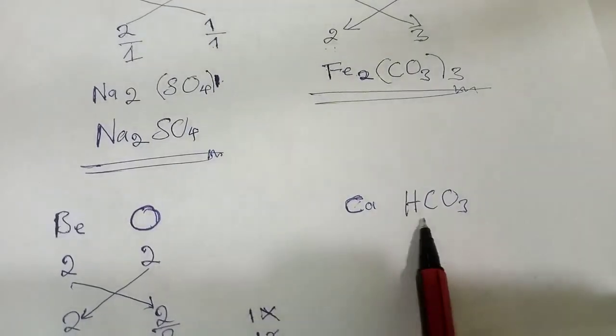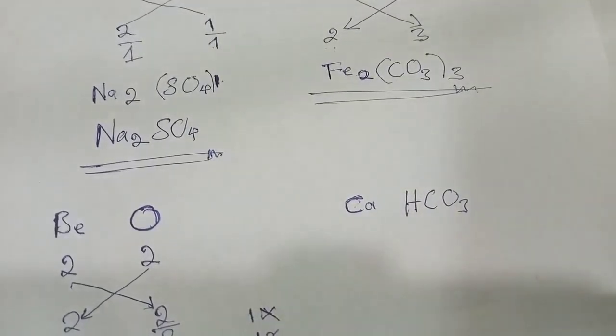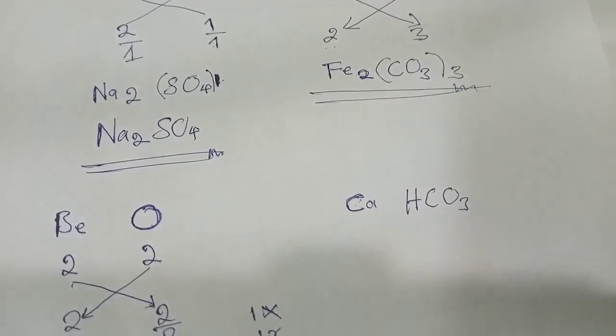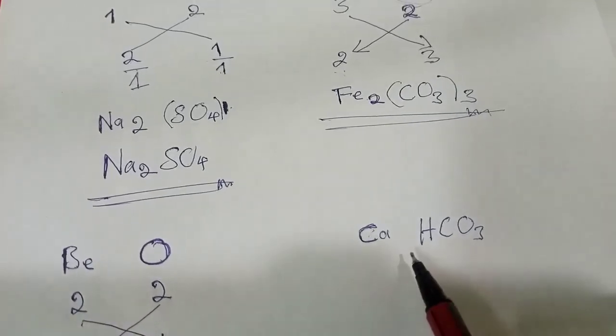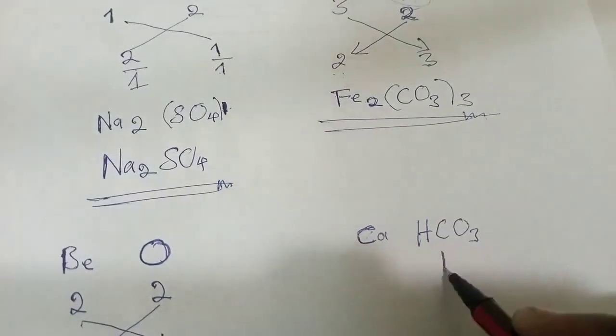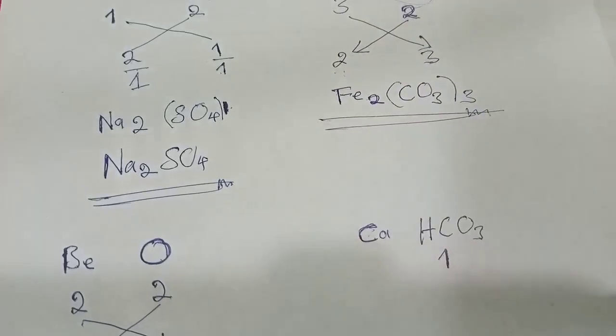You won't be given it on the exam, they don't give this one on the periodic table. You need to know it by heart. So you need to know its valence number as well, and the valence number is actually 1.